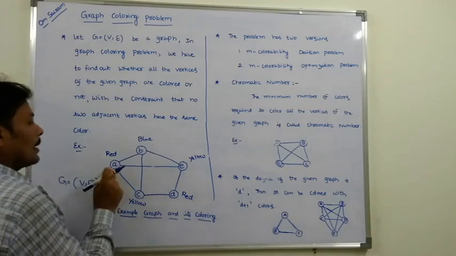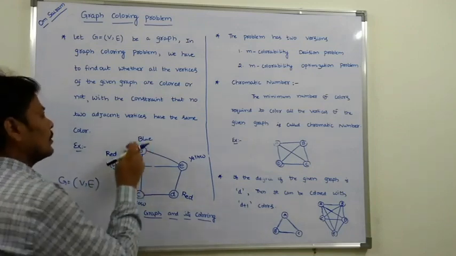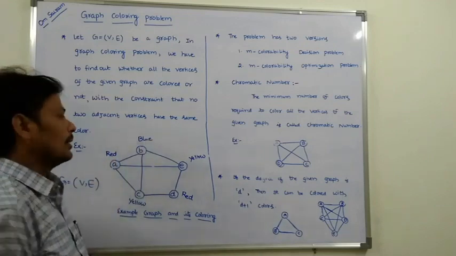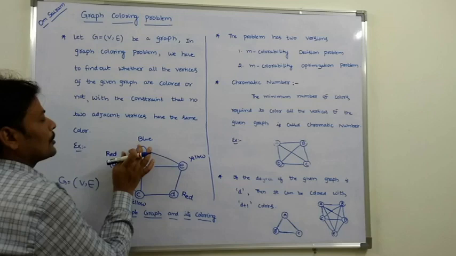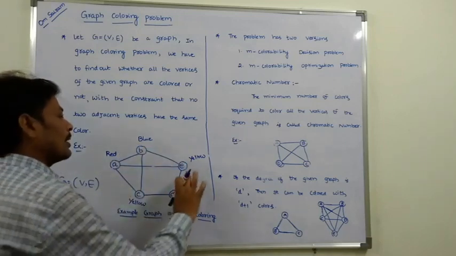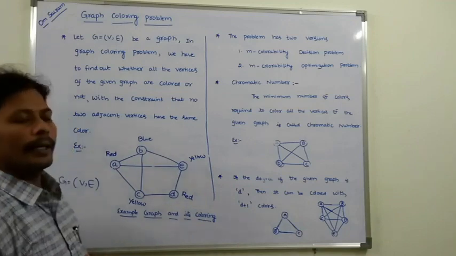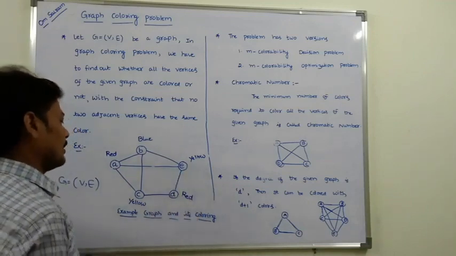Check once. Vertex A and vertex B are adjacent, and we did not use the same color. Next, vertex B and vertex E are adjacent, so these 2 vertices do not use the same color. Vertex D and vertex E are adjacent, so these 2 vertices do not use the same color.